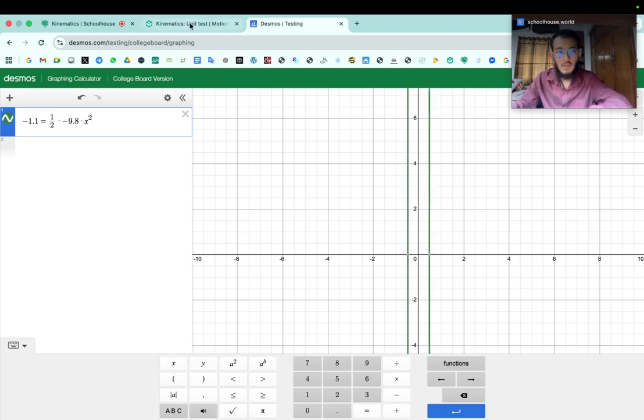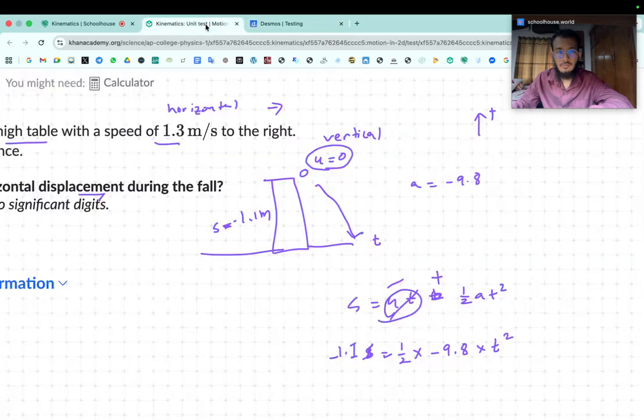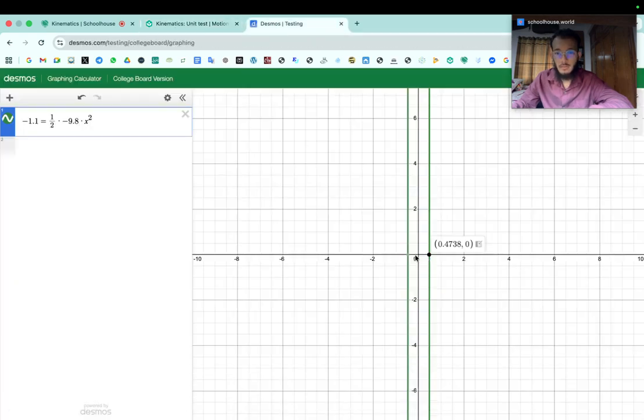So we replace T with X, and we find two values, and time can't be negative, so it's 0.4738.